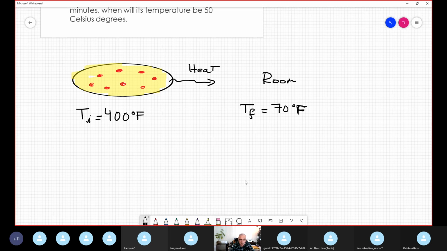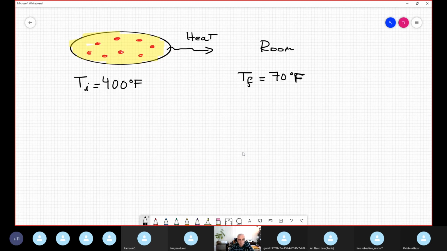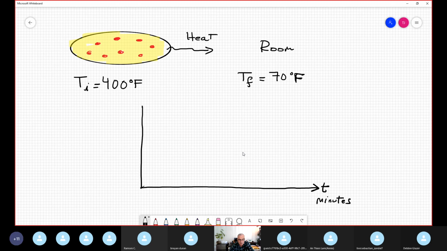If you draw the graph of this phenomenon, you see something like that. This is the time again. But in this case, basically I say minutes because the process is faster. And it's temperature at any time.